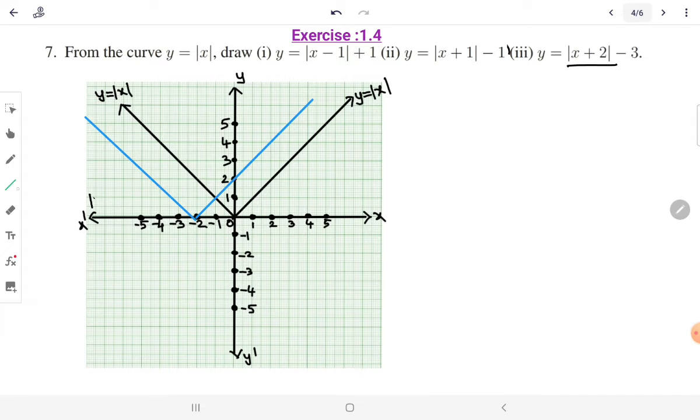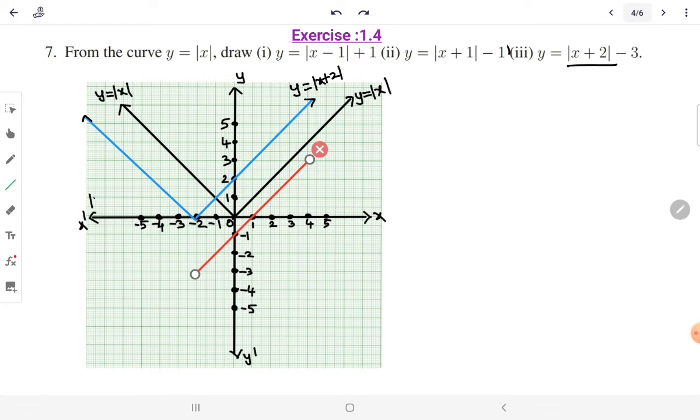So this graph is y is equal to modulus of x plus 2 graph. The blue color graph, whatever is here, that is x plus 2 graph. Now to this x plus 2 graph, what did they do? Minus 3. So minus 3 means the graph whatever that you have here shifts downward by 3 units.